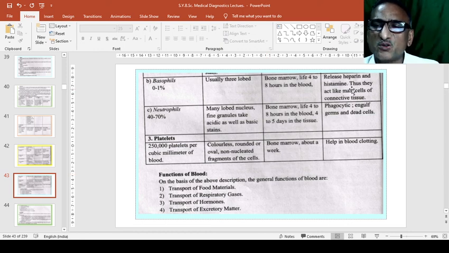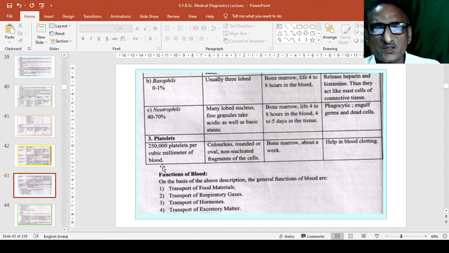These two are anticoagulants, and they help the blood in the body system. Neutrophils are many-lobed, generally show a drumstick, are formed in bone marrow, and are phagocytic in nature, and they engulf germ cells, bacteria, dead body cells, etc.